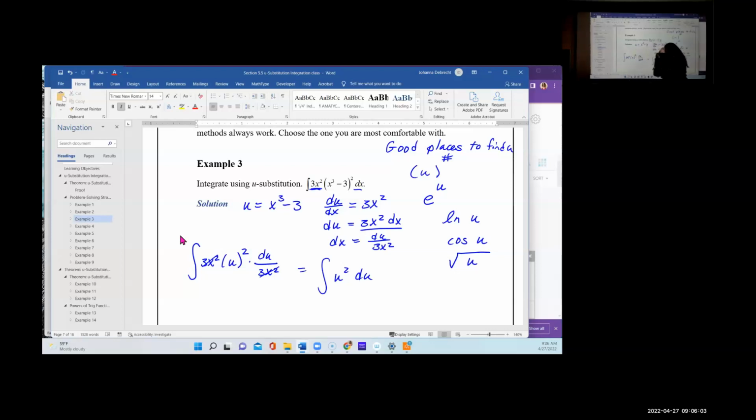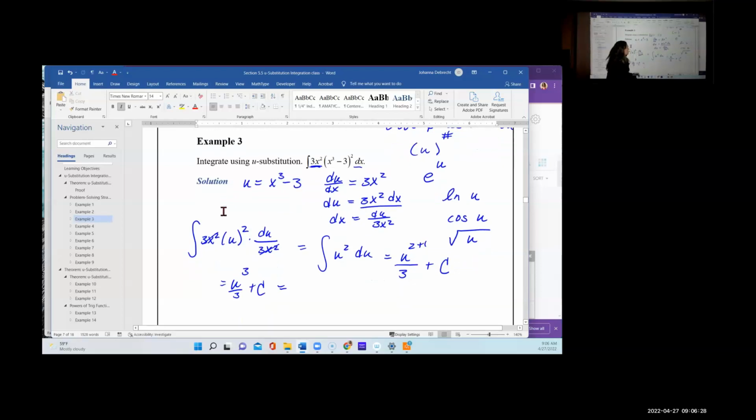So now we have the integral only in terms of u, so we apply the power rule, looking for the antiderivative function. So this gives us u to the 2 plus 1 over 3 plus c, or we can write this as u cubed over 3 plus c. Then since we're looking for an antiderivative function, we want to go back to the original integral to see that the differential is dx.